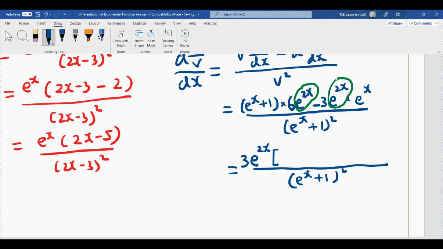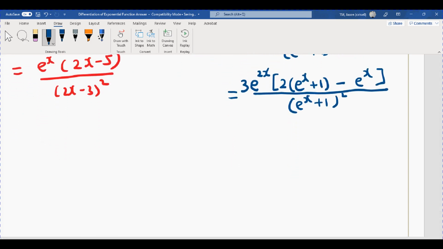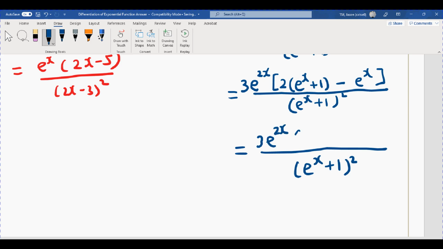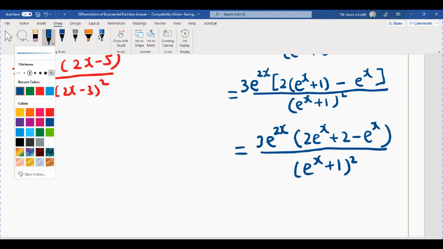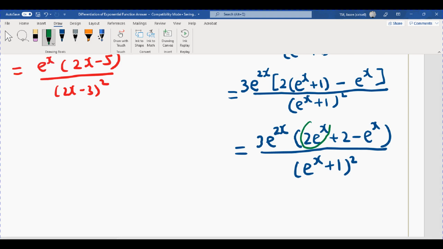So it becomes 2 times (e to the power x plus 1) minus e to the power x, plus 1 squared, 3 times e to the power x. So that would be 2 times e^x, 2 times 1 minus e^x, e to the power x. These two terms are like terms. Can you see that? So that means you can further simplify them.